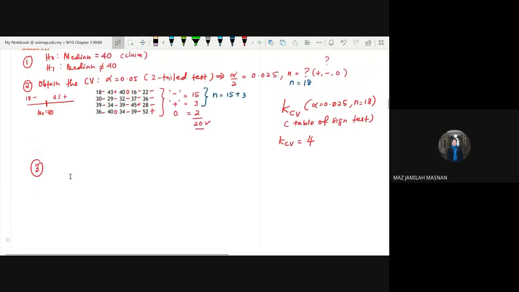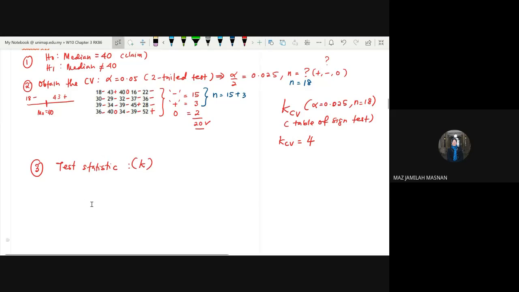Number 3, your next step, once you have your critical value, is to compute your test statistic. Your test statistic is given by K. So how do we find K?